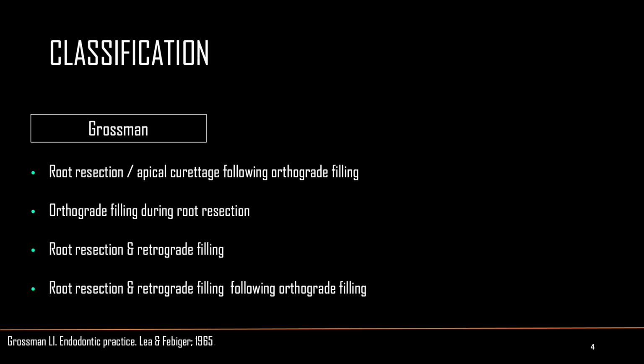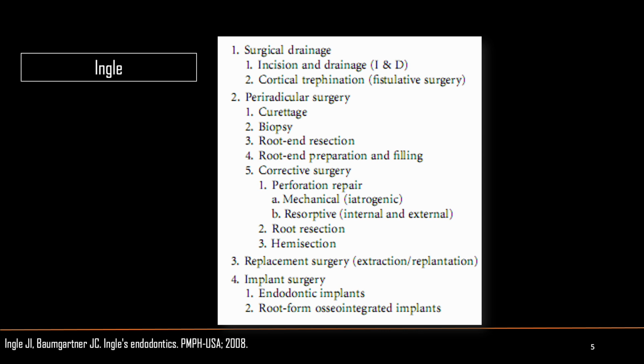According to Grossman, these endodontic surgical procedures can be classified as root resection, orthograde filling during root resection and retrograde filling, and root resection and retrograde filling following orthograde filling. According to Engel, this is a major classification. These procedures can be classified as surgical drainage, which involves incision drainage or cortical trephination.